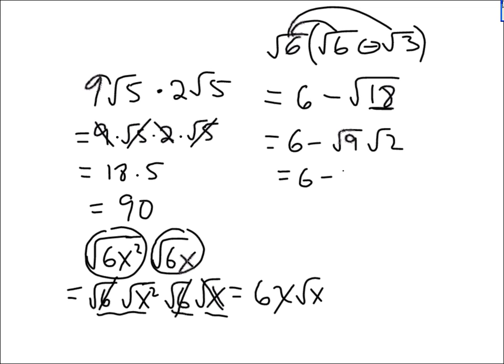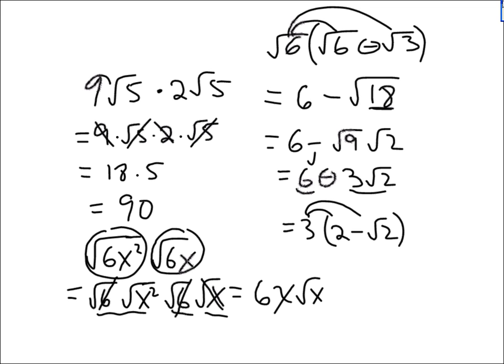The square root of 9 is 3, times the square root of 2. Well, between here and here, you can actually factor out a 3. 3 times 2 is 6, minus 3 times square root of 2 is 3 square root of 2. As a result, that's your final answer.